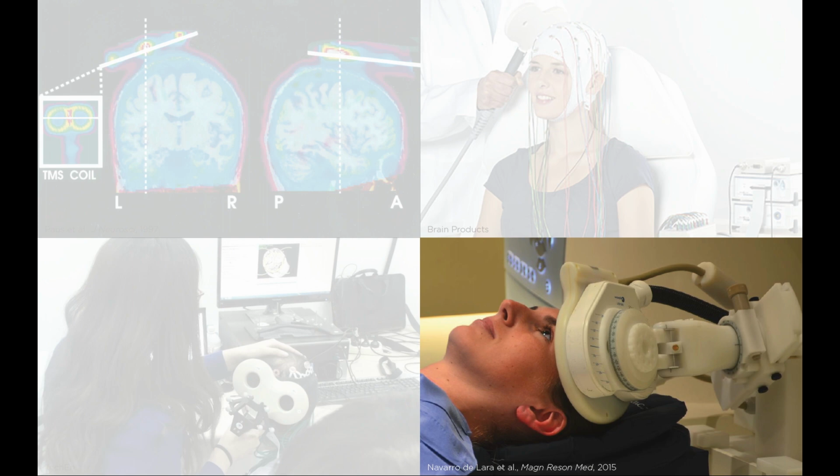So everything needs to be shielded, and perhaps thicker cables need to be used. And also there are constraints on the pulse waveform of TMS and the timing of these TMS pulses in relation to the gradient pulses produced by the MRI scanner. So those are some of the technical challenges in combining TMS and fMRI.